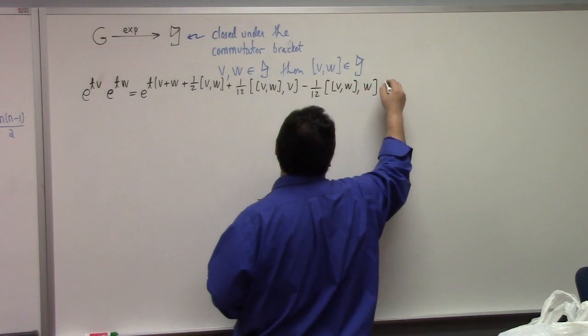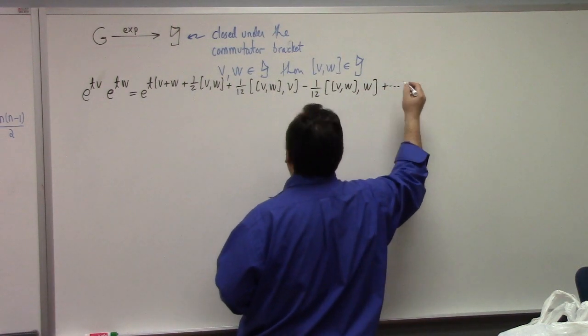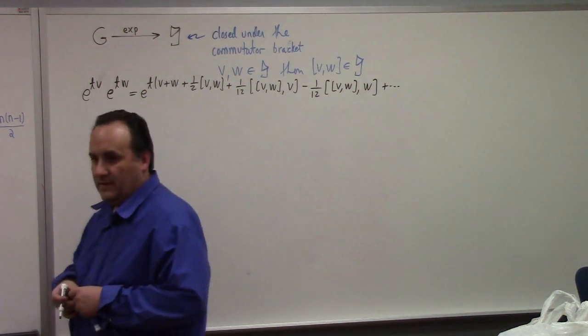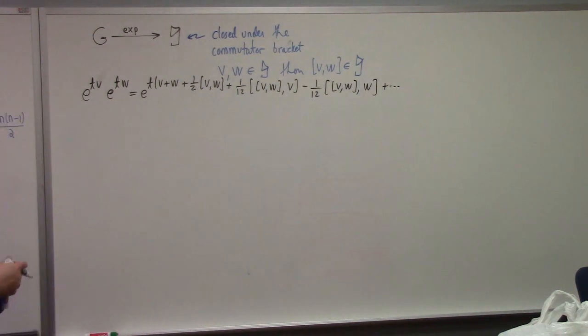I think I'm a little bit sketchy on the signs here. But the point is, if you know the values of the commutators and the nested commutators, then you can define how to multiply two exponentials using the rules for the Lie algebra.